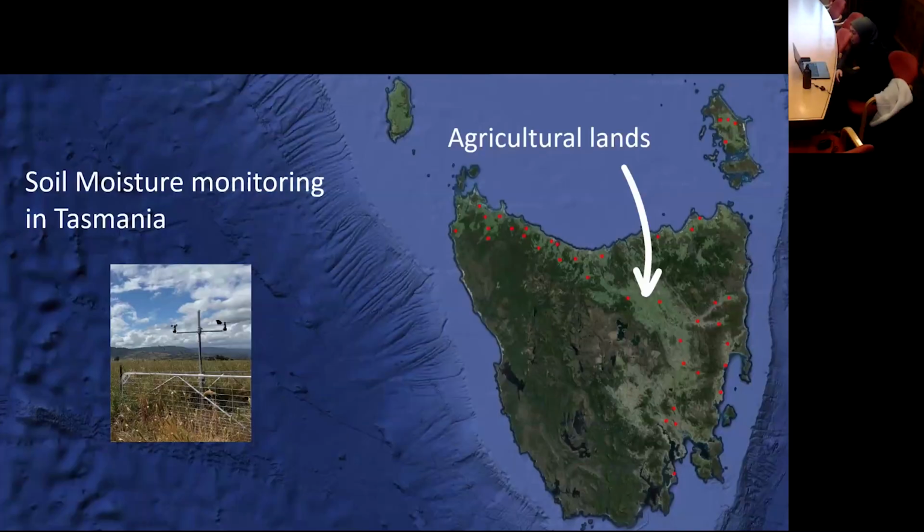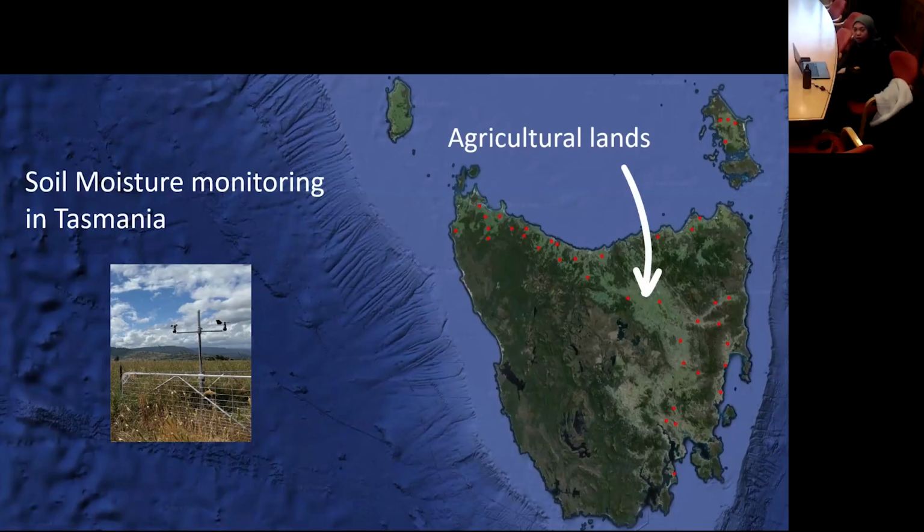So this gives us the idea to use these downscaling models in Tasmania, because at that time, the Tasmanian government was starting to install several probes to measure soil moisture changes, particularly in agricultural lands.